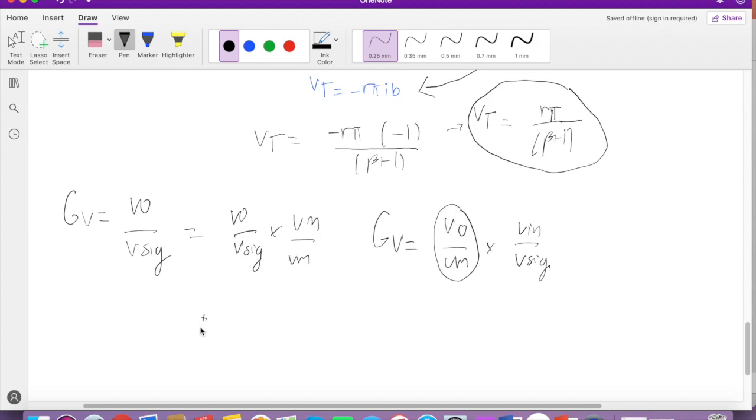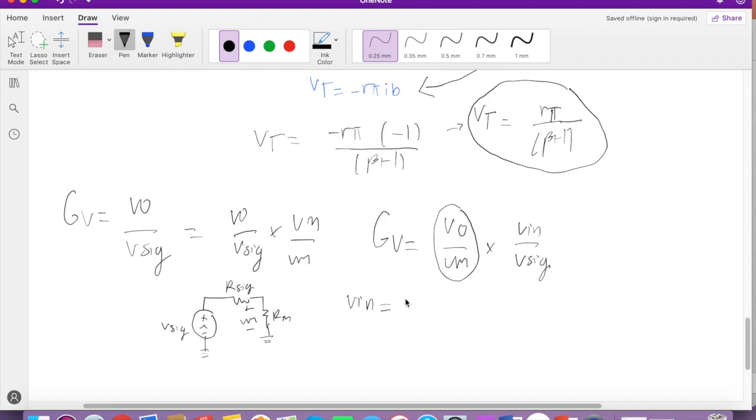Since we found the Thevenin equivalent resistance, we now know a very simplified circuit. Remember, we can do this because we found the Thevenin equivalent resistance for everything else that's connected to V sig and R sig. So a simple voltage divider will do the trick.